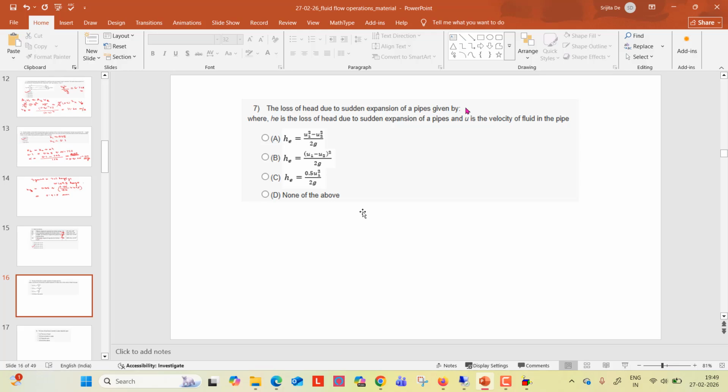The loss of head due to sudden expansion of pipes is given by what?